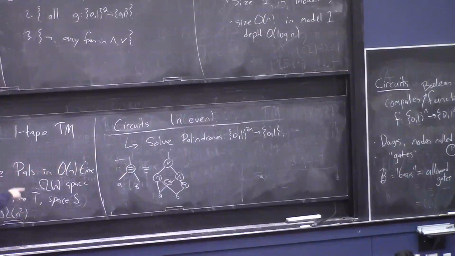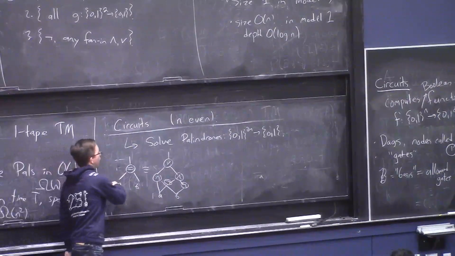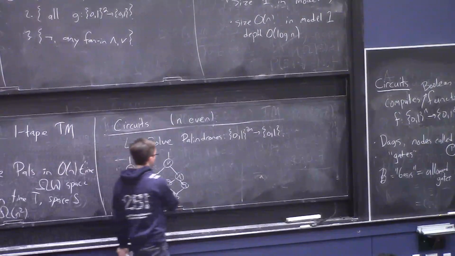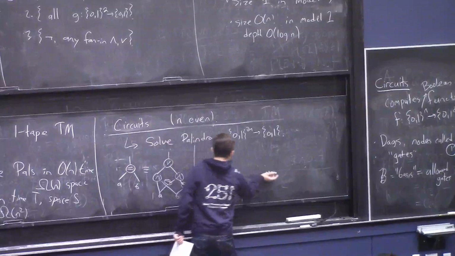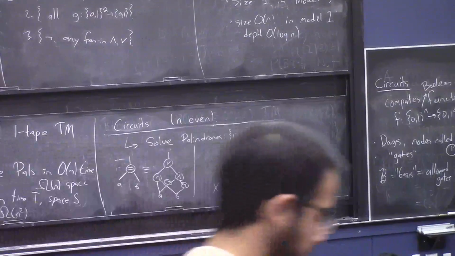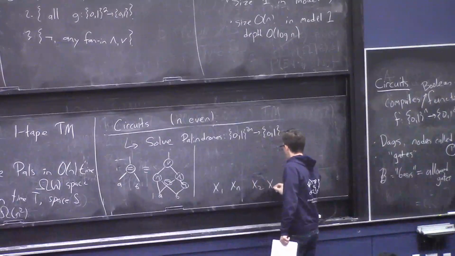So there's some little gadget, given 2 bits, using AND, OR, NOT gates, that checks if these 2 bits are equal or not. Or if you're in model 2, you can just say, oh, I have an equality gate. And then using this gadget, we can check if a string x1 through xn is a palindrome by doing the following.